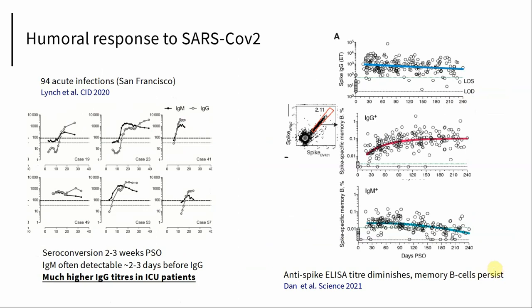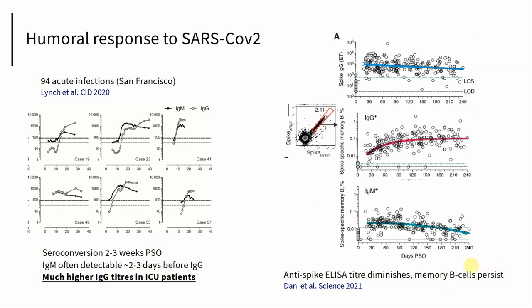Now, when does the humoral response kick in against a pathogen? SARS-CoV-2, the COVID-19 pandemic, was an opportunity for every immunologist to re-demonstrate the classical aspects of immunology in a new infection. One of the things that was done was to track the development of the humoral response after an acute infection.